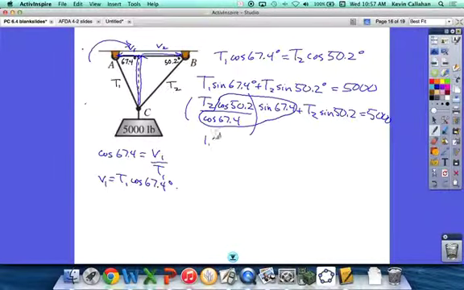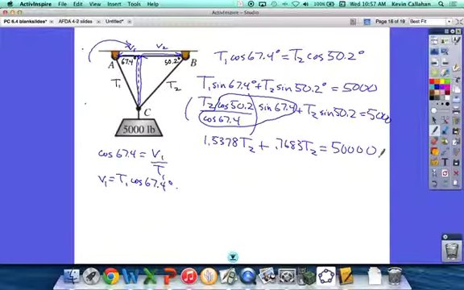So this is 1.5378 T2 plus the sine of 50.2, 0.7683. 0.7683 T2 equals 5,000.